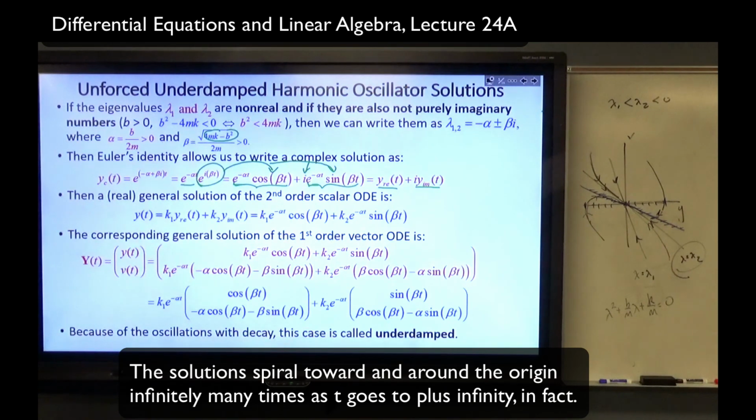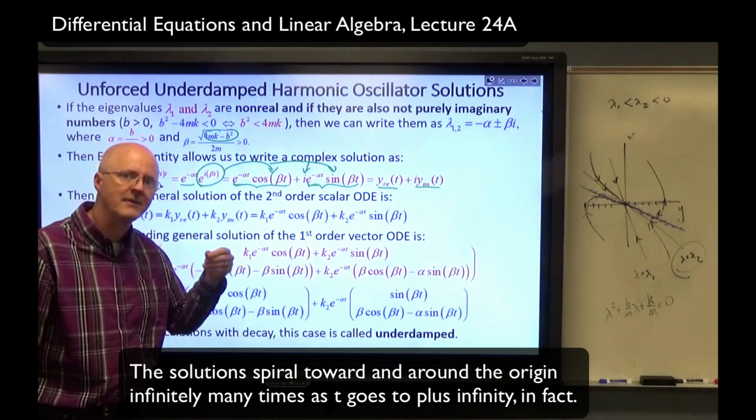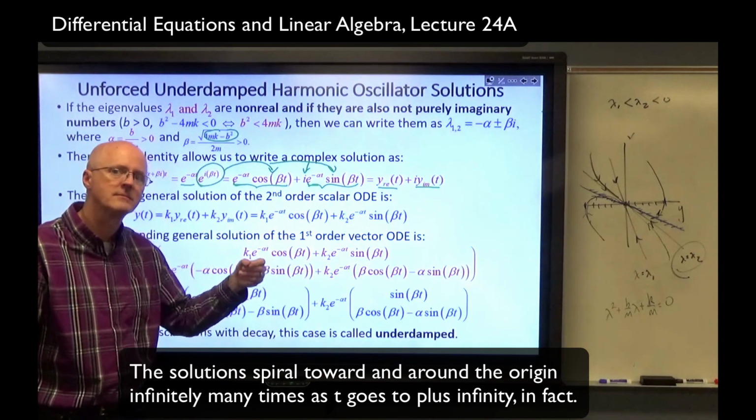And this is a small amount of damping. It's underdamped. It's weak enough damping that there's still oscillations. Mass moves back and forth, but the amplitude gets smaller and smaller.